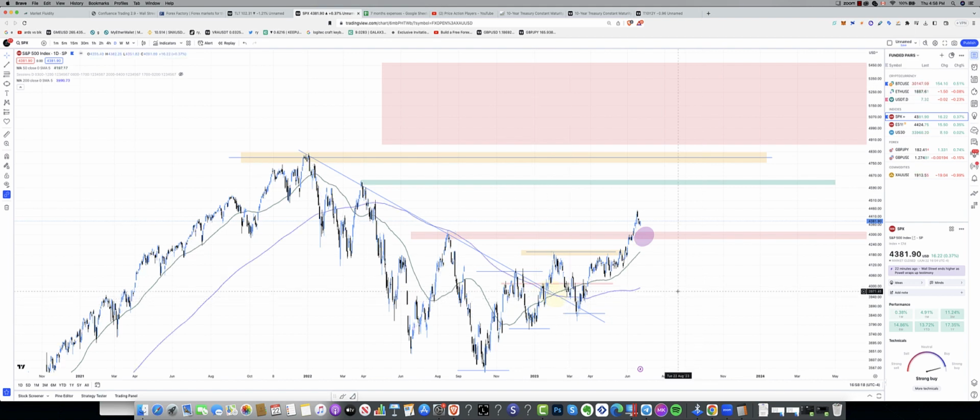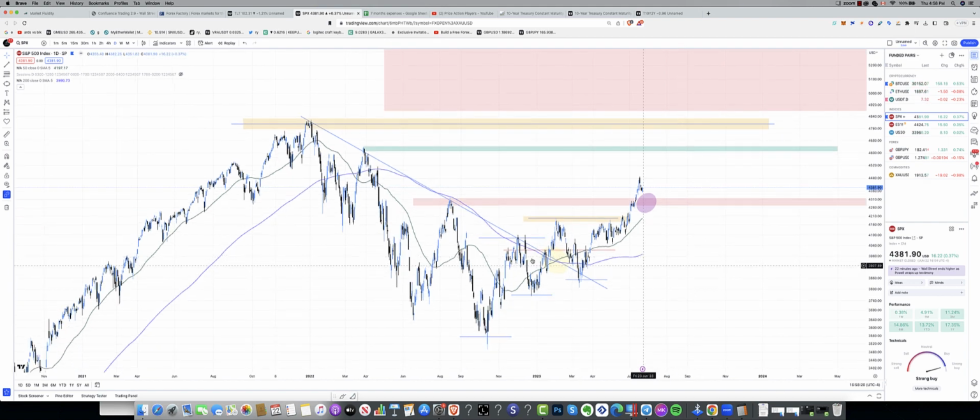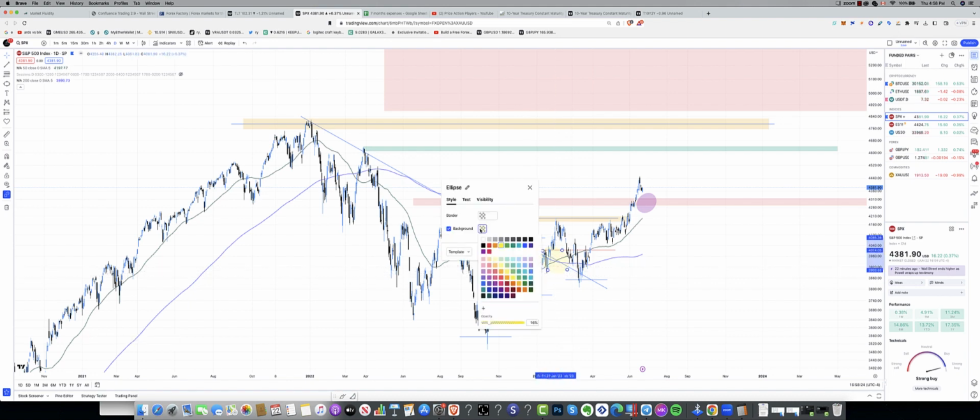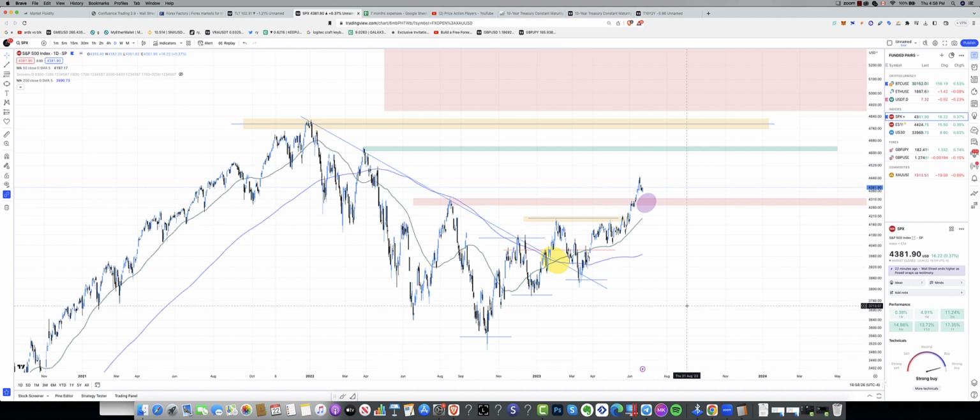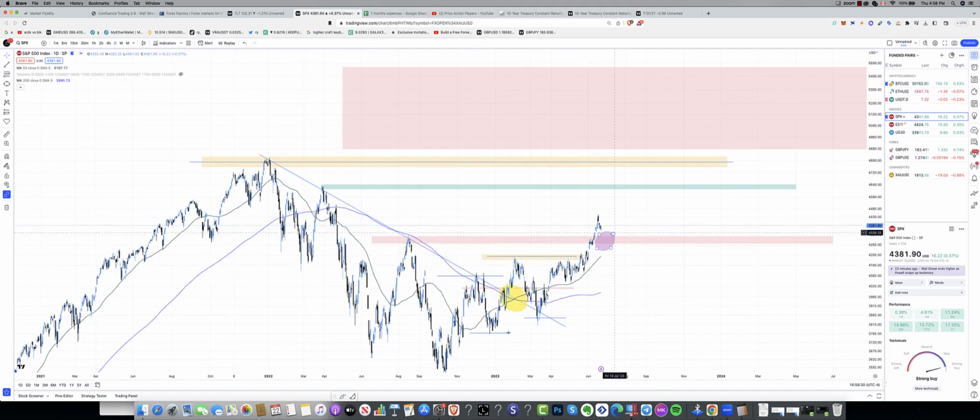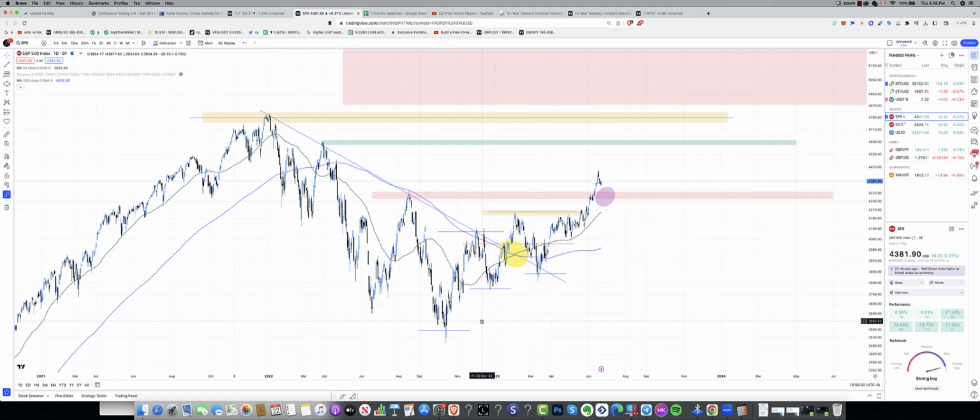Yeah, so we are above the 200 and the 50. We've had a golden cross here. So it's indicating to us that, hey, we're in a bull market, guys. I mean, we've been in a bull market. So nothing to stress about. We just keep heading higher and higher and higher.